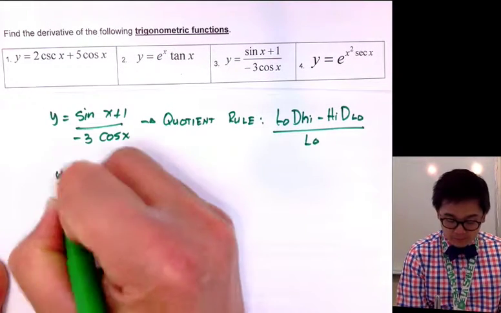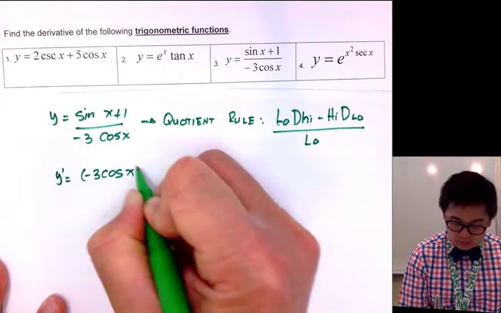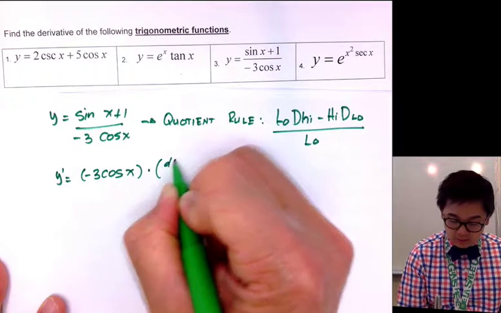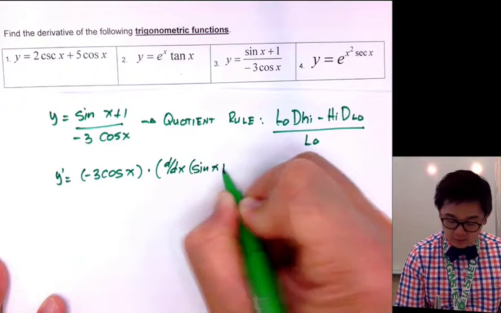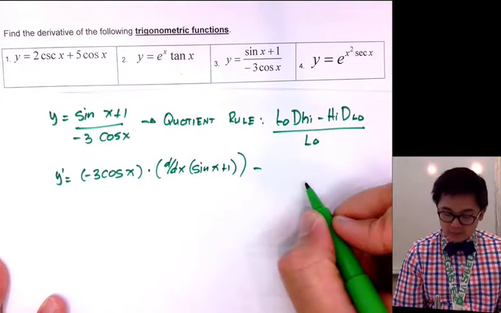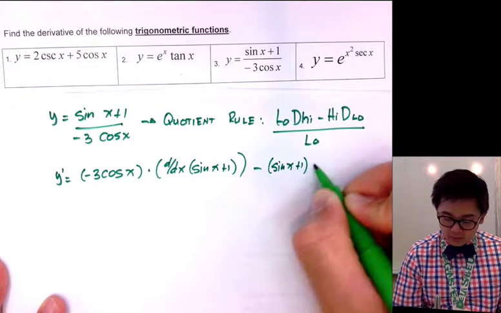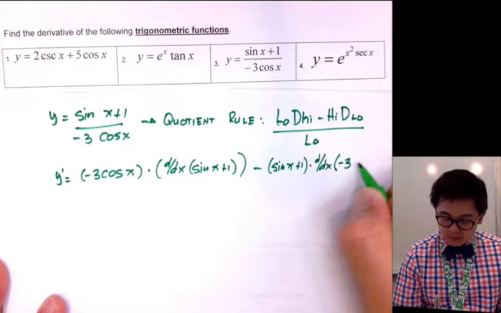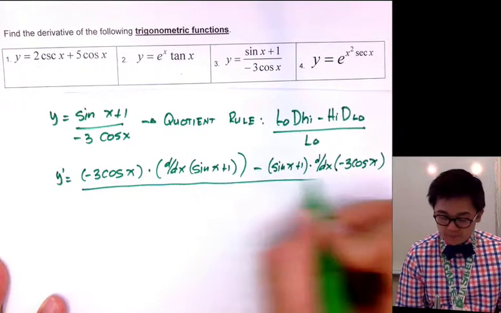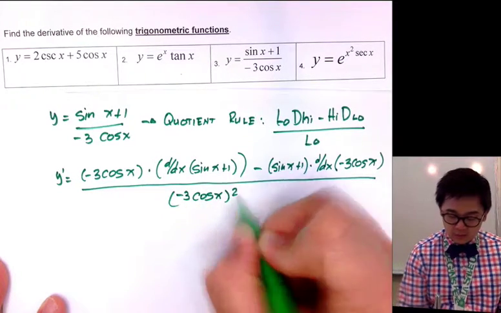So y prime is simply low times the derivative of high, which is sine x plus 1, minus high times d dx of low, negative 3 cosine x, all over negative 3 cosine x squared.